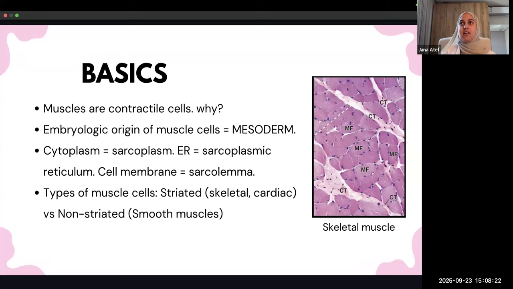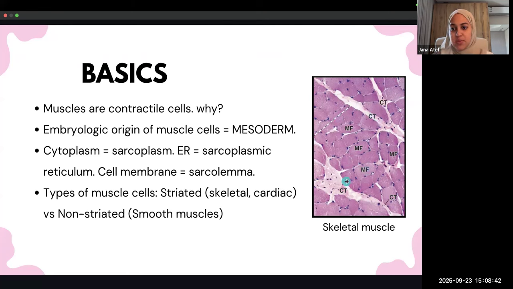The muscles that have stripes, the striated ones, are the skeletal and the cardiac muscle cells. We're going to talk about why in a bit. If they're non-striated, we're talking about the smooth muscle. So anytime we mention non-striated muscle cells, we're talking about smooth muscle cells.